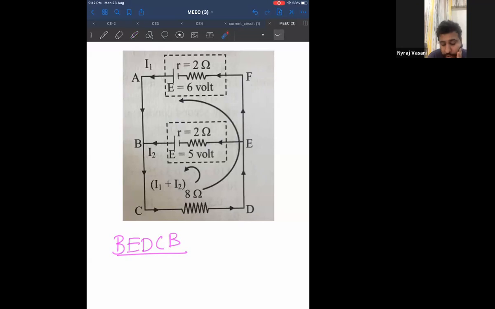What will be -2? Since there is a battery of positive terminal, then we'll get it as -2 resistance. But the battery is 5 volt. How will you get 2? 2 is resistance. So yeah, -5. Okay, we encountered the positive terminal of a battery, so I write it as -5. Okay, then.